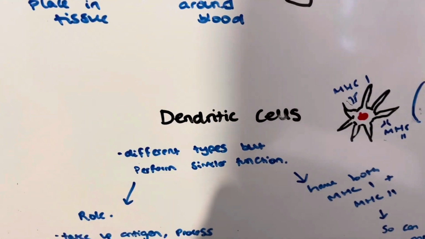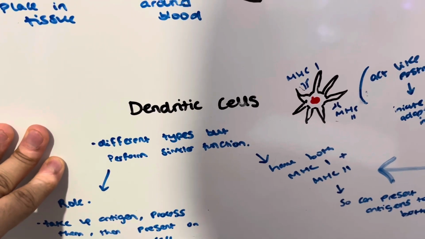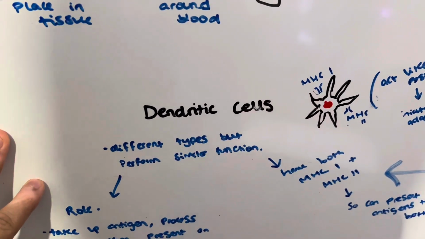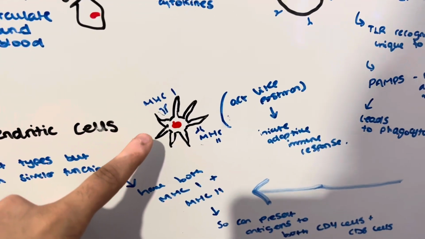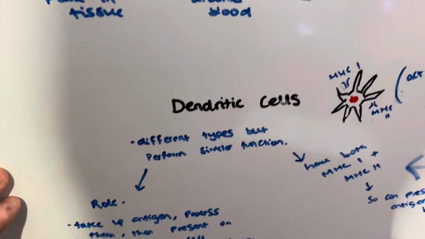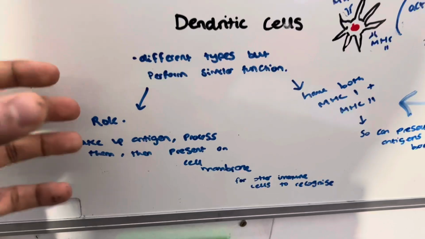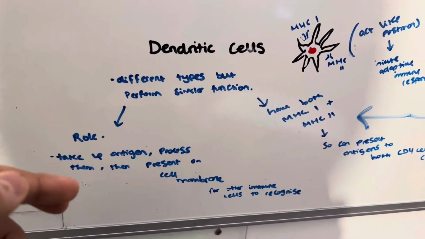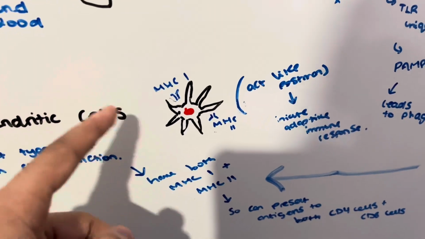Now, dendritic cells have different types and they arise from different places, but they perform similar functions. This is a general drawing. An important thing to know is the role of dendritic cells: they will take up the antigen, process it, and then present it on a cell membrane. Let's say, for example, my finger is a pathogen.